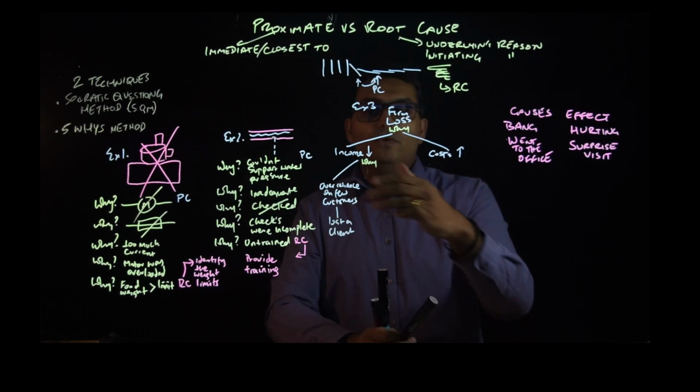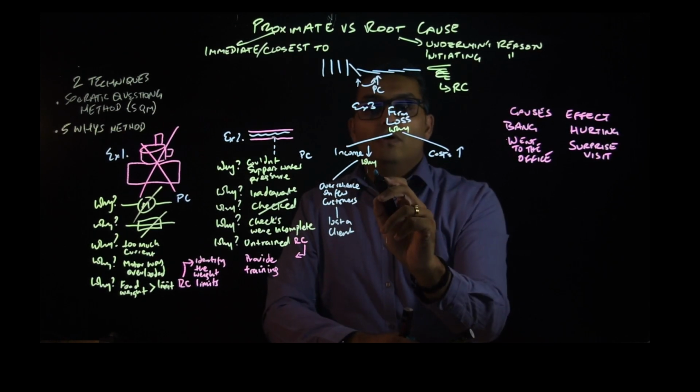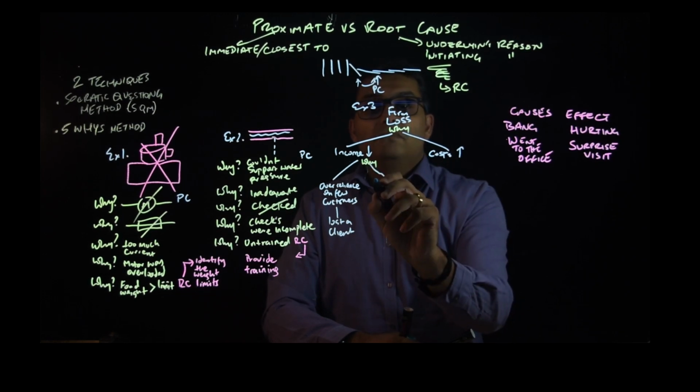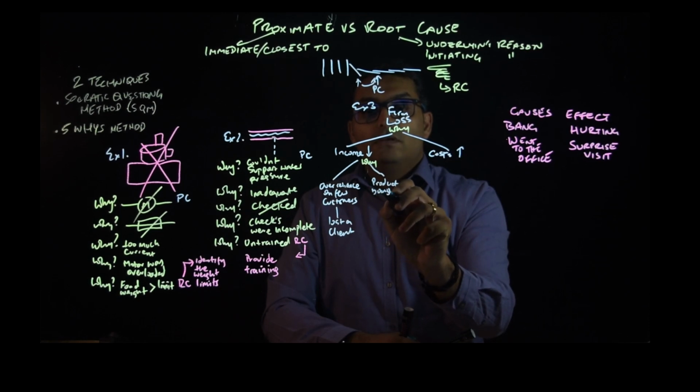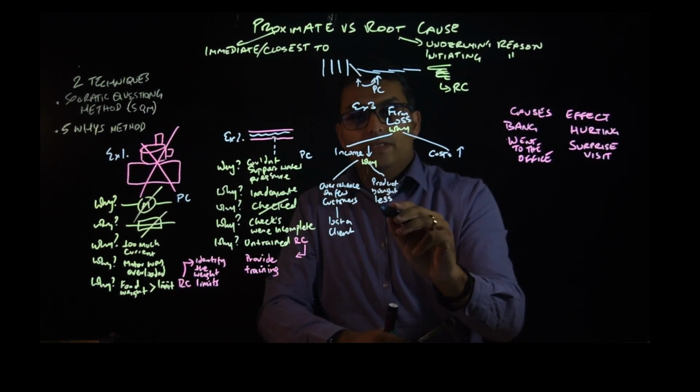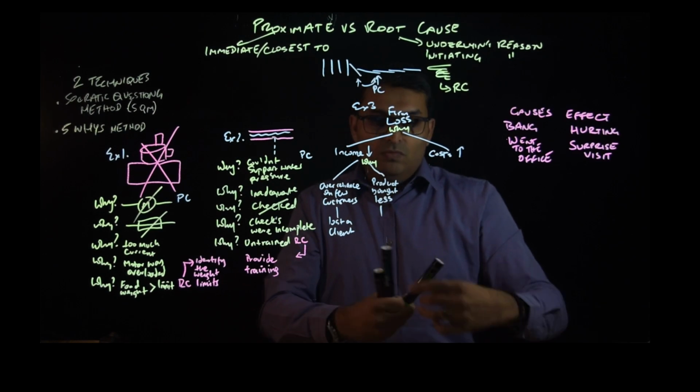So why is income too low? There is over-reliance on few customers. The other reason is products are bought less. So we can sort of go down this and say, okay, well, why?